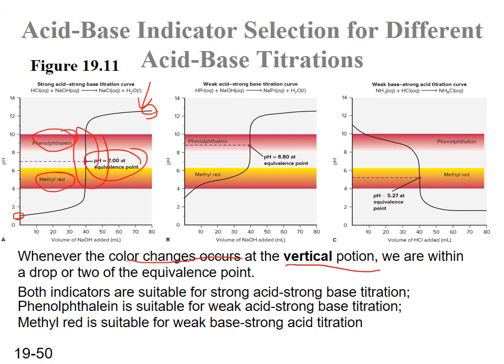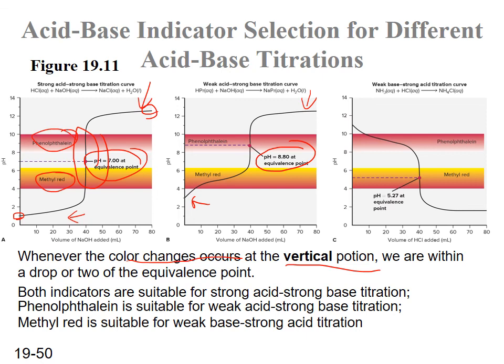Now, the second curve is for a weak acid, strong base titration. How can you tell? Well, the pH at the equivalence point is above 7. In this case, it is 8.8, and that's an indication it's a weak acid, strong base titration. Another feature you can see is that at the beginning, the pH is higher than for a strong acid.